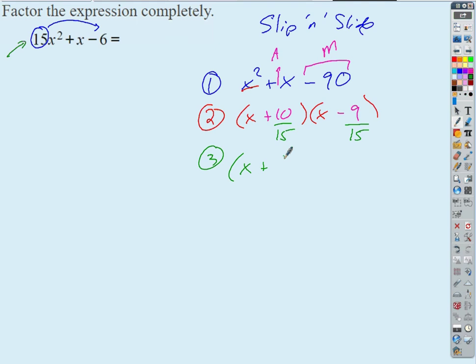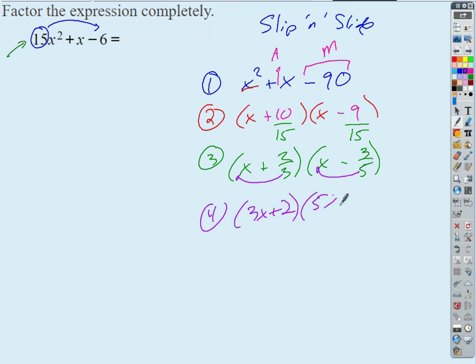X plus 2/3, good, and X minus 3/5, good. And then the last step, slide. Slide any denominators that still exist up in front of the X. And so we get 3x plus 2 times 5x minus 3. That's my answer.